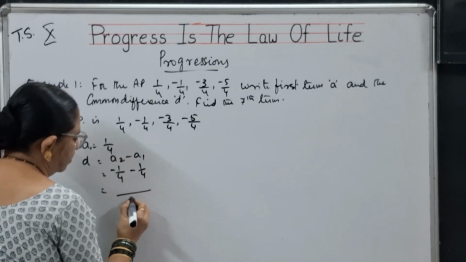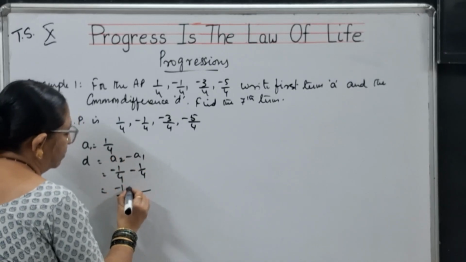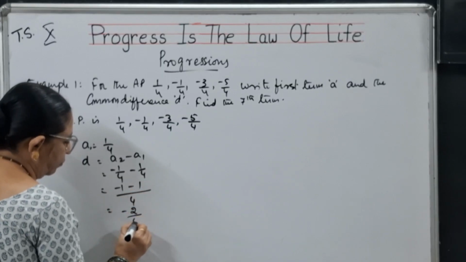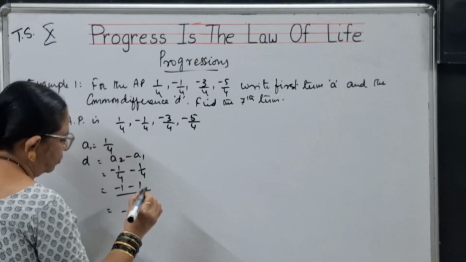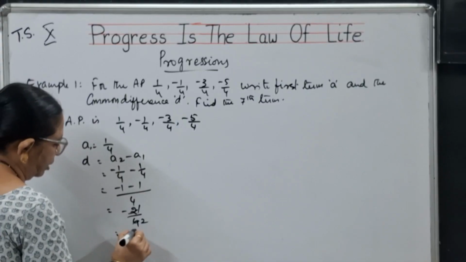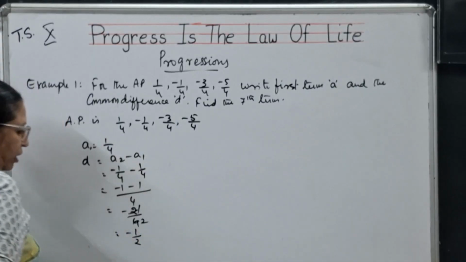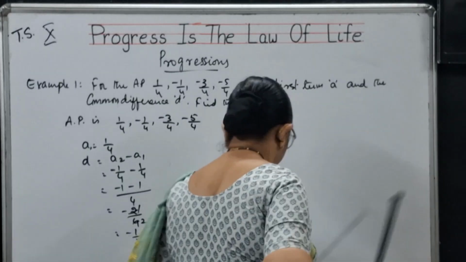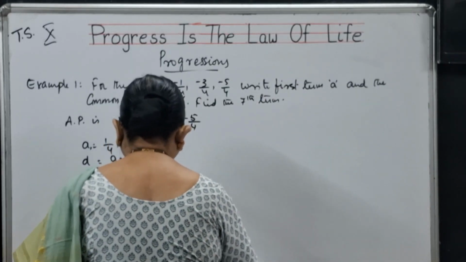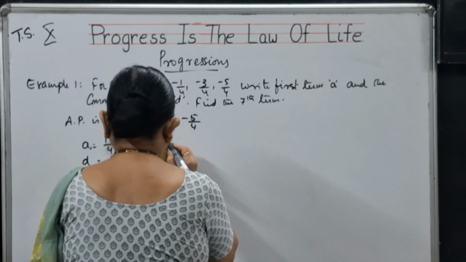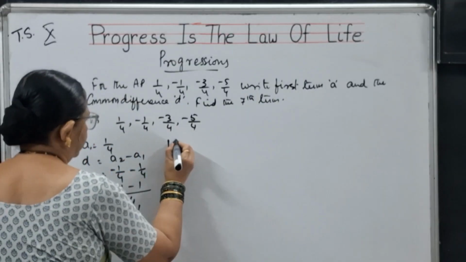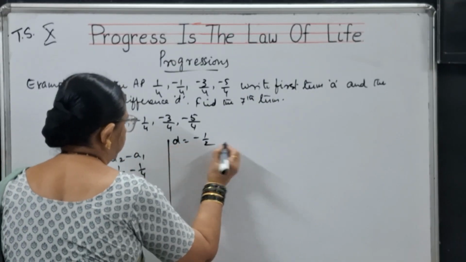So let us take LCM 4 here: minus 1, minus 1. So how much am I getting? Minus 2 by 4. 2 ones are 2, and 2 twos are 4. So minus 1 by 2. So what is D you are getting? D is equal to minus 1 by 2.